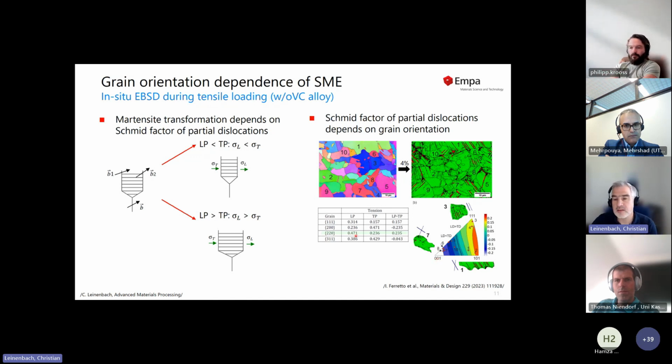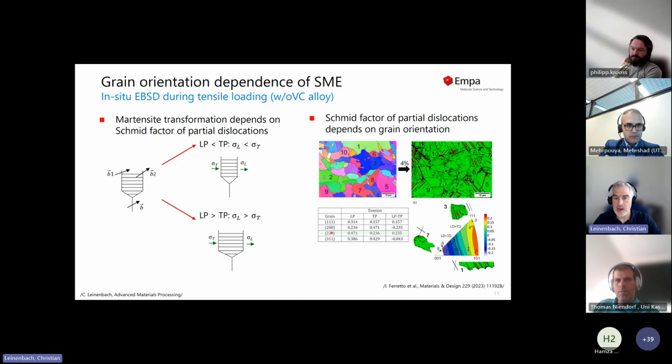And if we look at the Schmidt factors, we see that if we take the difference between the leading partial and the trailing partial, for the 2-to-0 we have the maximum difference. This means if the Schmidt factor of the leading partial is very large in comparison to the trailing partial, then these stacking faults open up and can easily form, by stacking of stacking faults, this epsilon martensite.